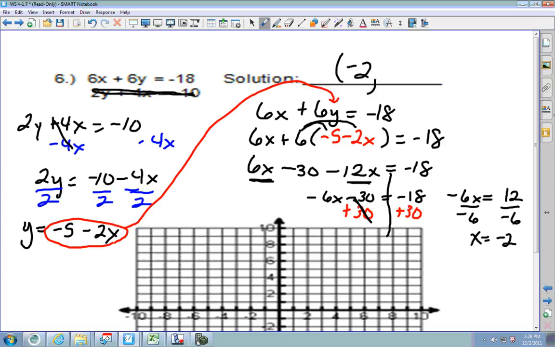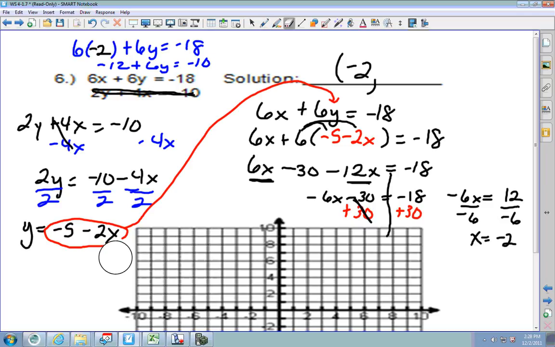Well, you can do this a couple different ways. Let's go ahead and use this one up here. It says 6 times x. 6 times, what did we find x to be? Negative 2 plus 6y equals negative 18. Well, that right there is negative 12 plus 6y equals negative 18.